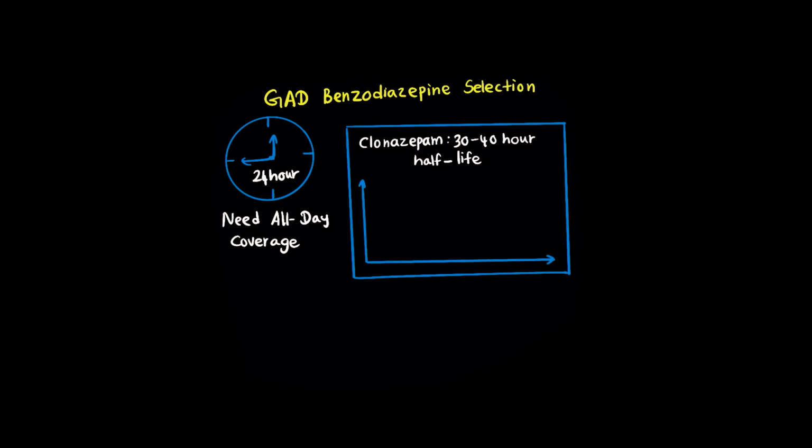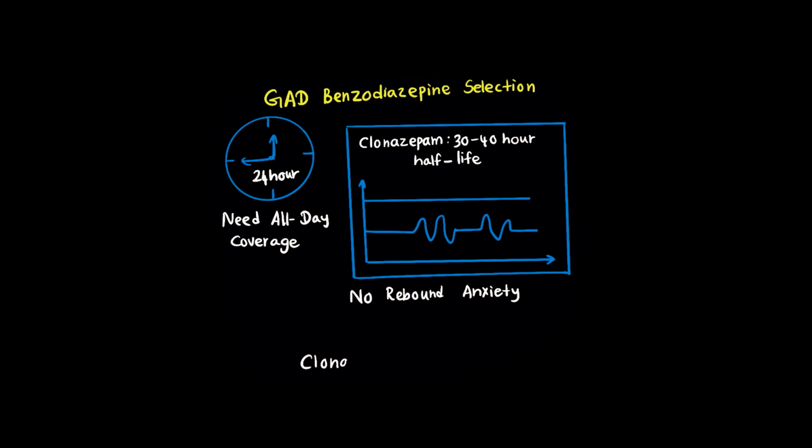This longer action reduces the risk of rebound anxiety between doses and provides more consistent symptom control. Its smooth pharmacokinetic profile makes it ideal for chronic anxiety management. In contrast, shorter-acting benzodiazepines like alprazolam require multiple daily doses and can cause interdose anxiety. The correct answer is clonazepam because its longer half-life and steady effects make it the preferred first-line benzodiazepine for GAD.